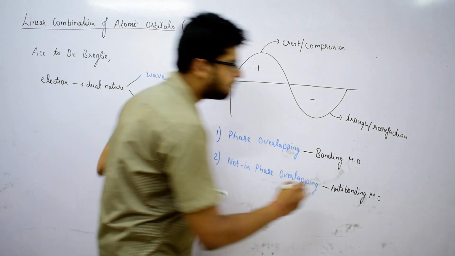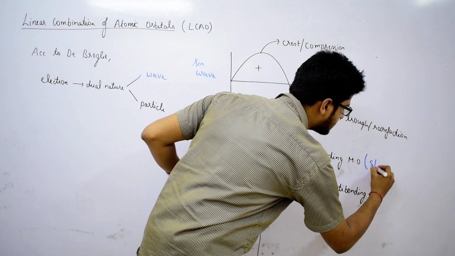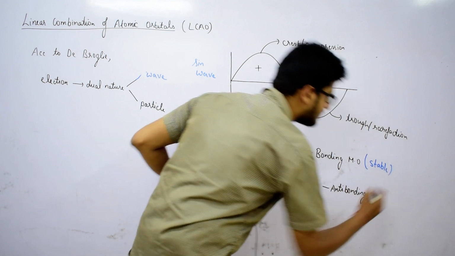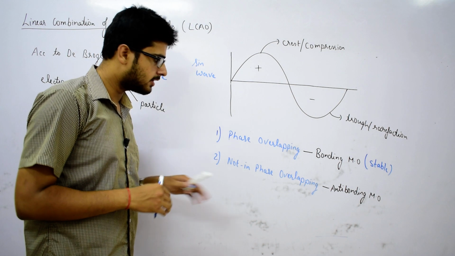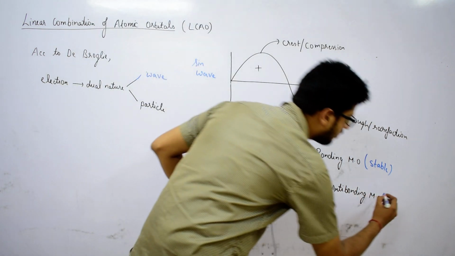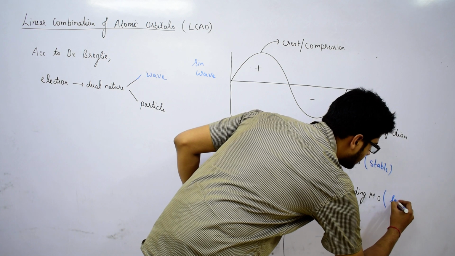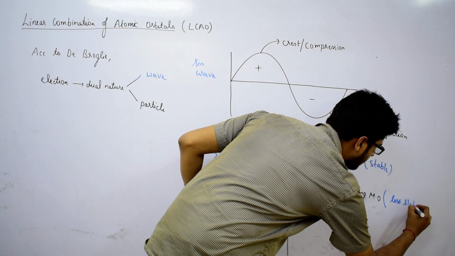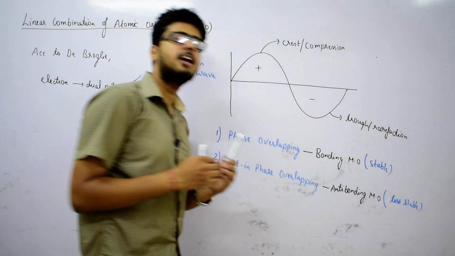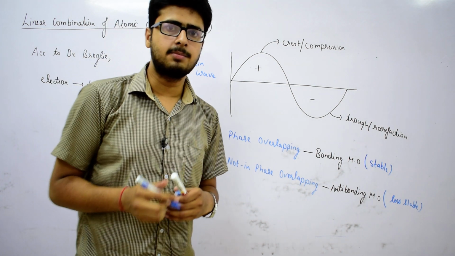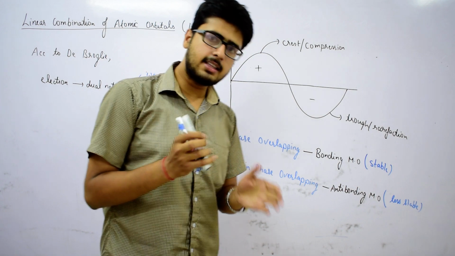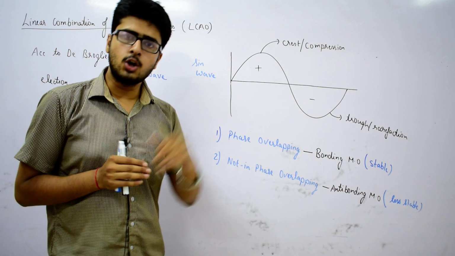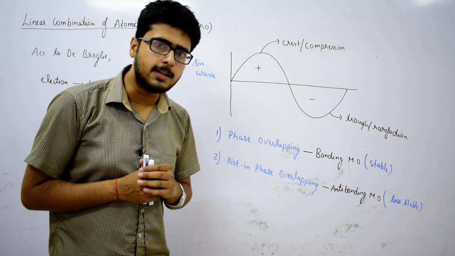These bonding molecular orbitals are stable because they have a low energy content, but the antibonding molecular orbitals are less stable because they have a higher energy content, and we have already discussed in chemical bonding that the higher the energy content, the lower the stability.